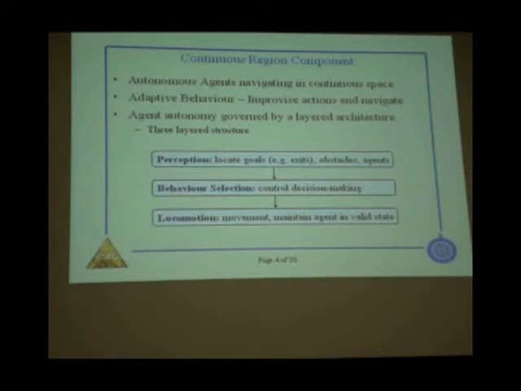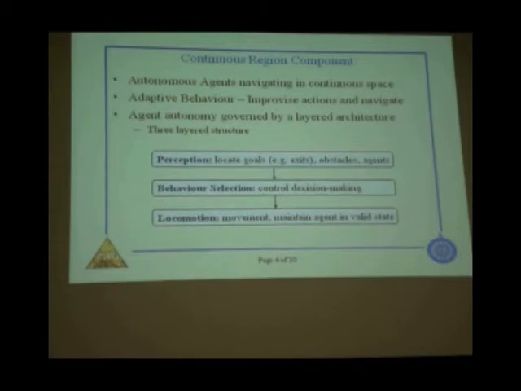In the continuous component, each agent is modeled as an autonomous character which has adaptive behavior. In other words, the character is able to improvise actions and navigate in the space in a lifelike manner. Also, the autonomy of the continuous agent is defined as a three-layered structure, as we can see here. So we have perception, in which the agent uses a series of sensors to detect goals, for instance exits, and also to locate obstacles and other agents.